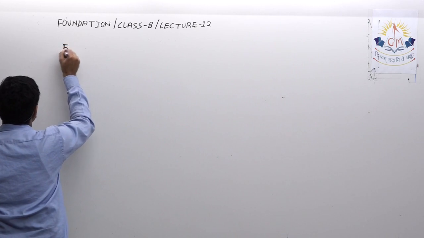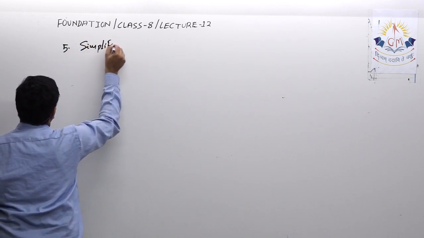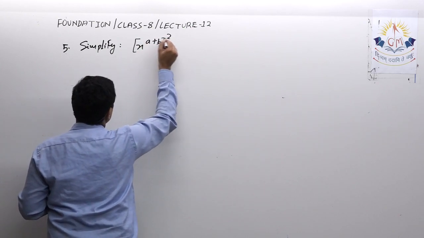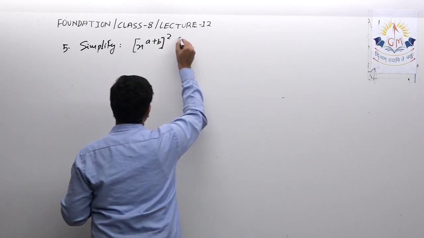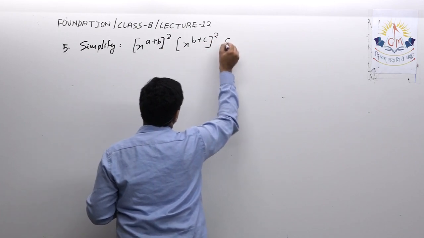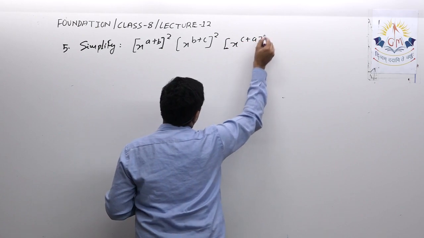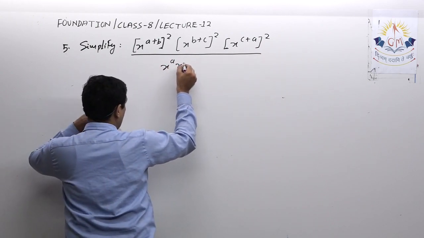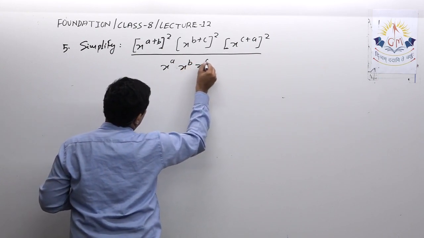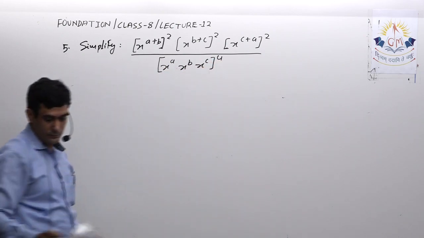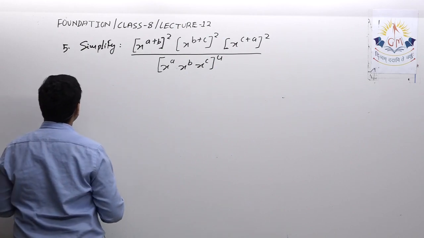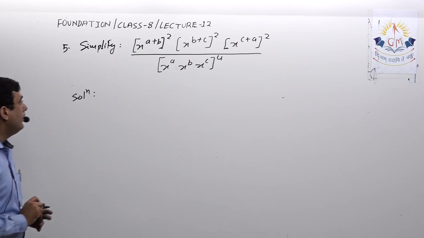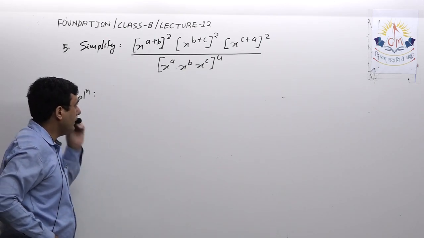Simplify x raised to a plus b, raised to 2, into x raised to b plus c, raised to 2, into x raised to c plus a, into 2, divided by x raised to a, x raised to b, x raised to c, raised to 4. Simplify exponent only.